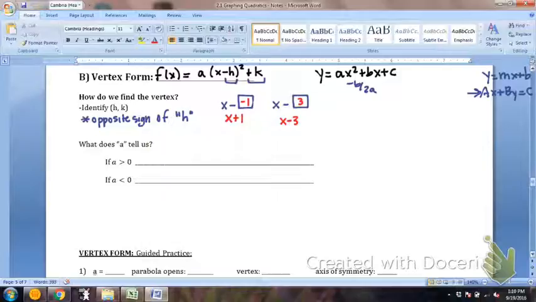Again, what does our a tell us? If it's greater than 0, that means it's a positive number. If it's positive, it opens which direction? Good. Opens up. If it opens up, it has a minimum.